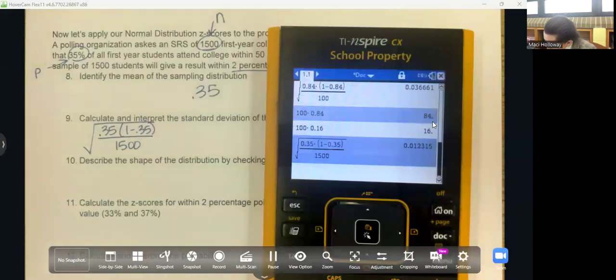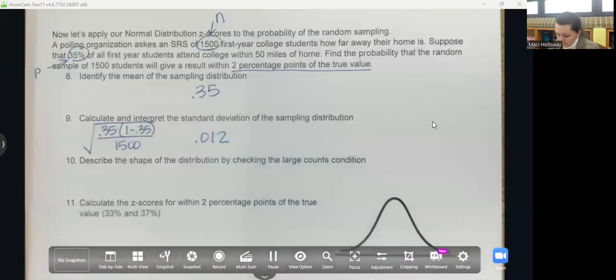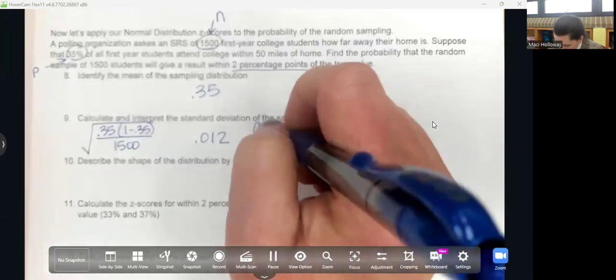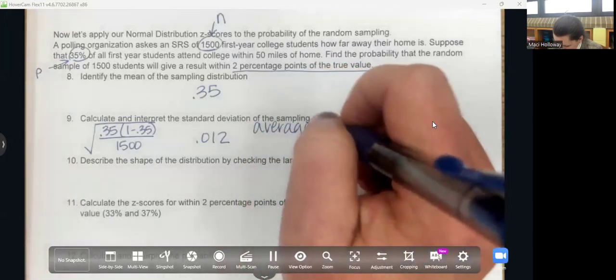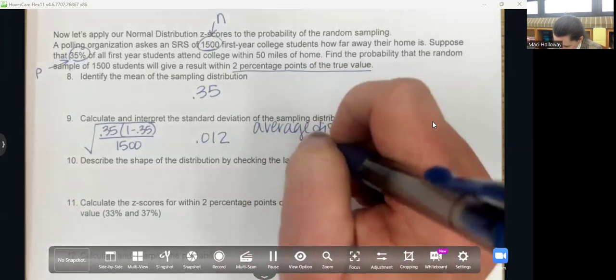It's 0.012. Okay, so this is the average distance from the mean.